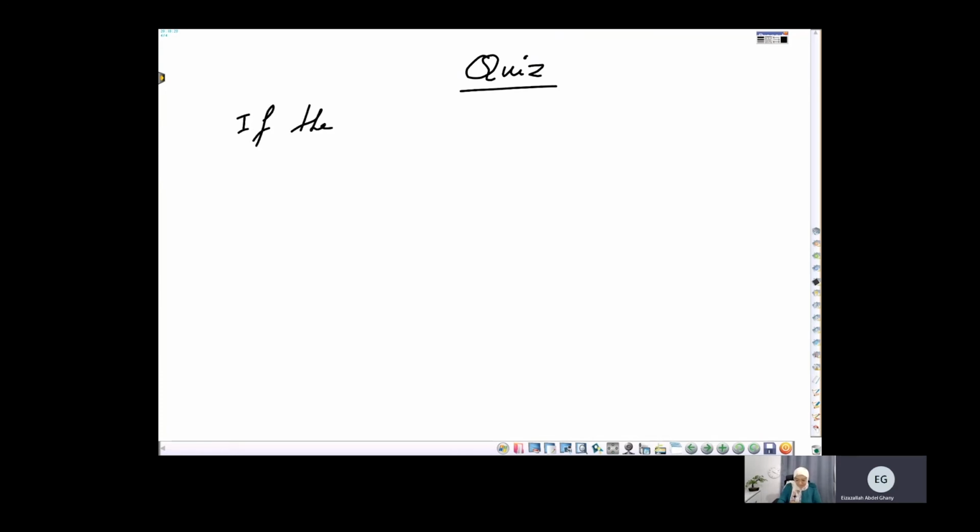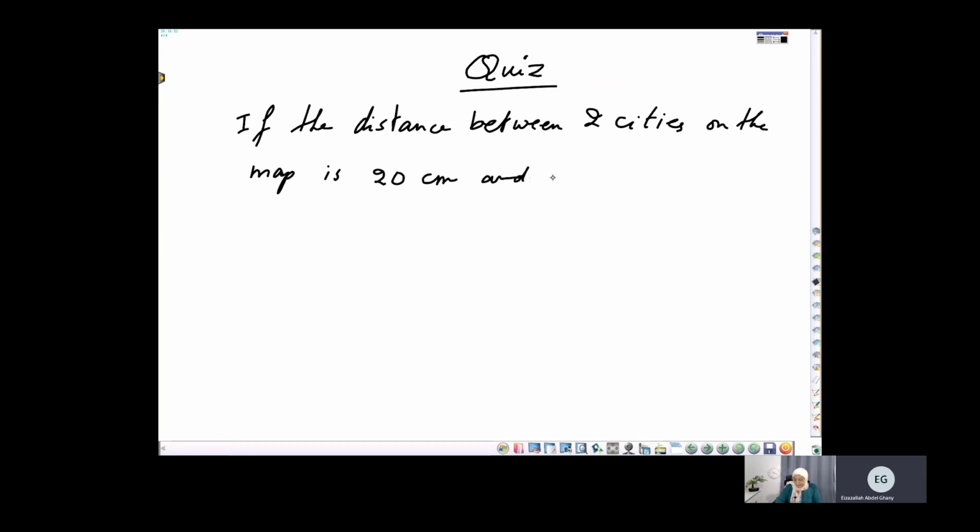If the distance between two cities on the map is 20 centimeters and their actual distance is 400 kilometers.